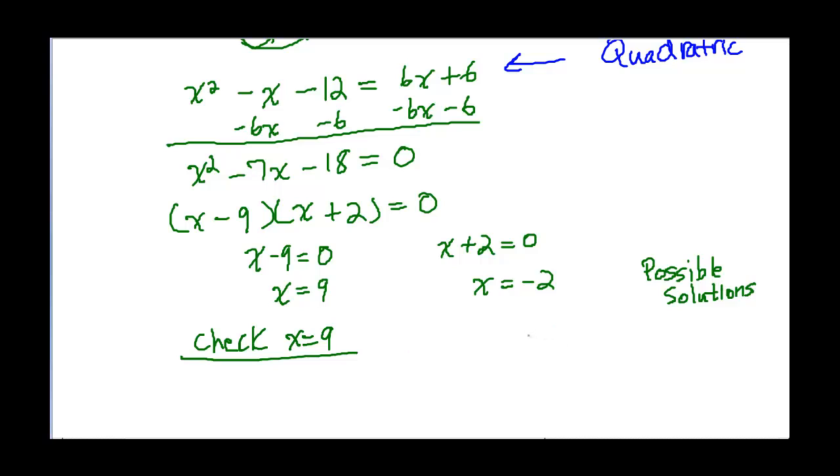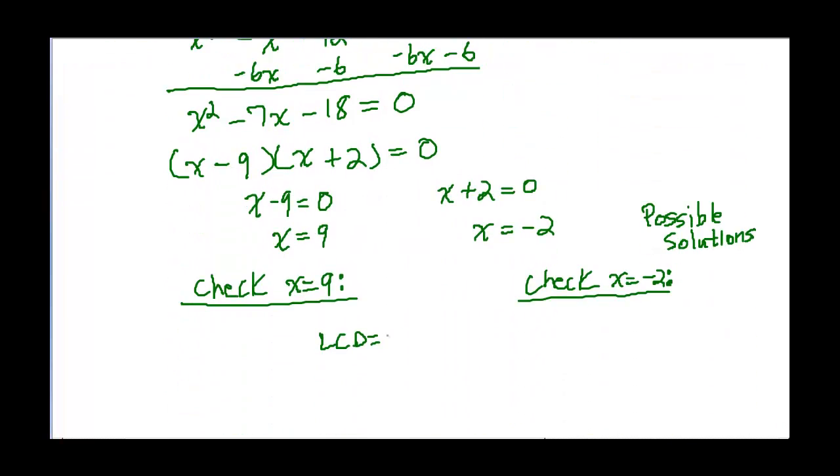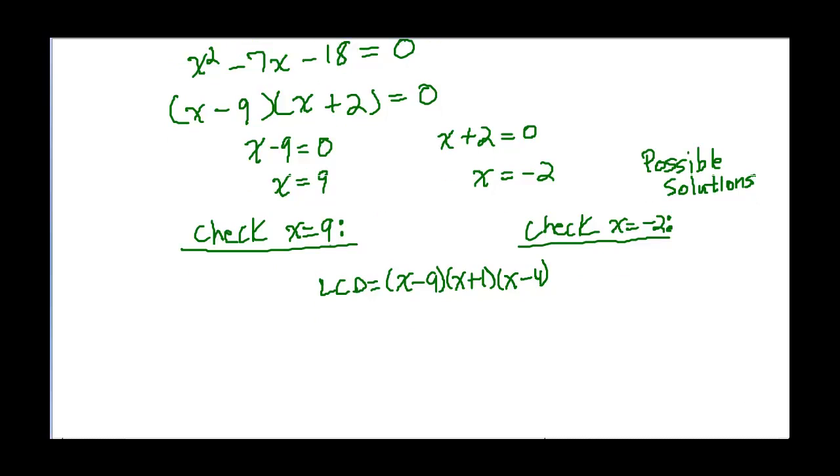So I'm going to check x equals 9 here, and I'm going to come over here and check x equals negative 2. Now I need to remind myself what my LCD was, because I'm going to use the LCD since it encompasses all of my denominators. It was (x − 9) times (x + 1) times (x − 4). And so with checking x equals 9, I'm going to put 9 in for x.